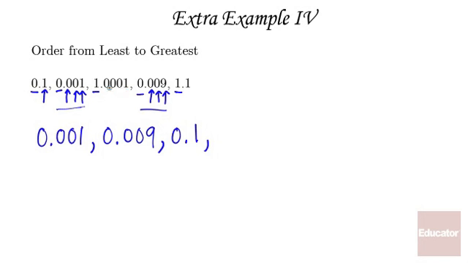So you're going to look at, since they have the same whole number, the tenths place. This is 0 and this is 1. So this is bigger than that number. So this is going to go next, 1.0001. And then your largest number, the greatest value, is going to be 1.1.